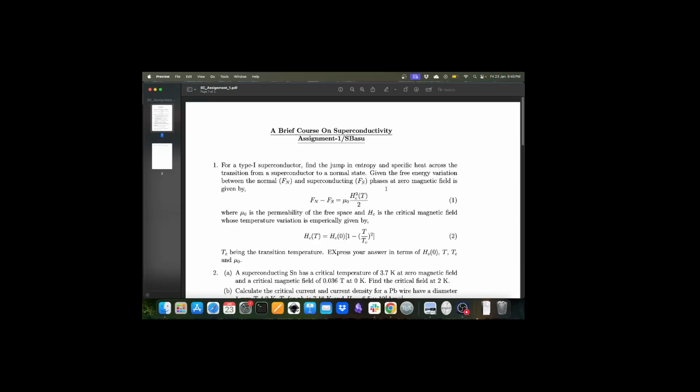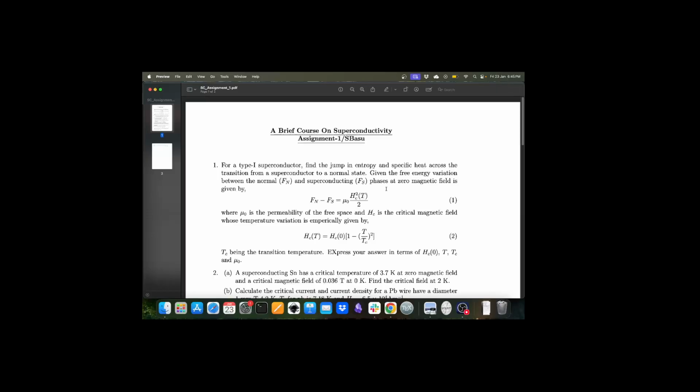Let's say S is the entropy, and S_c is the entropy for the superconductor, and S_normal is for the normal state, or normal metal.